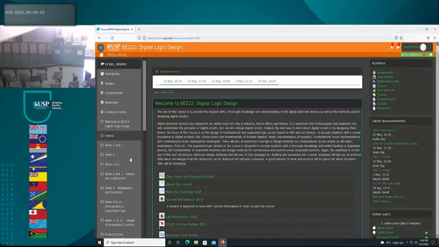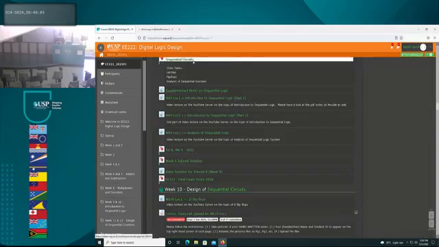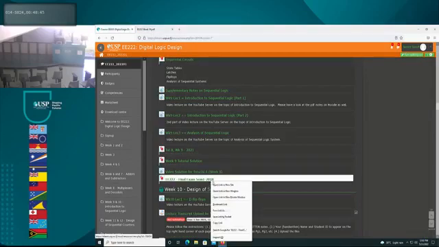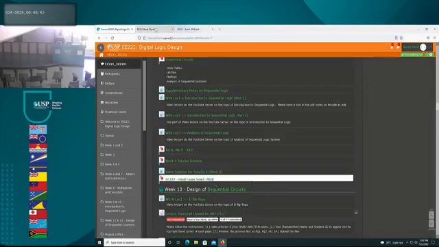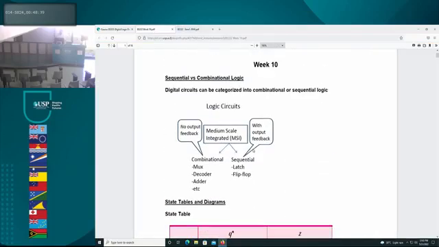From there, we then do an extension, and from the set, reset, latch, we come to the SR flip-flop.